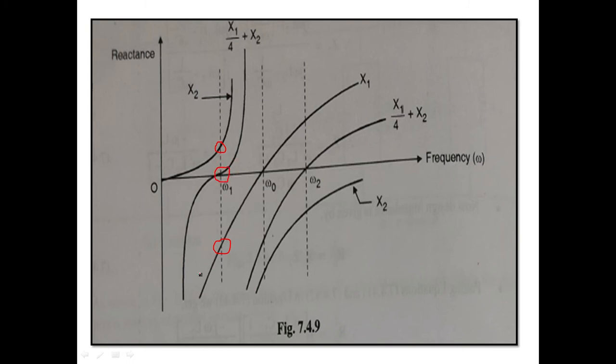Means once it comes to the points x, y and z, from that point X1/4 will come from one axis to the other axis, negative to the positive side. X2 still goes on increasing, and it changes the axis, negative axis to the positive axis of X1.